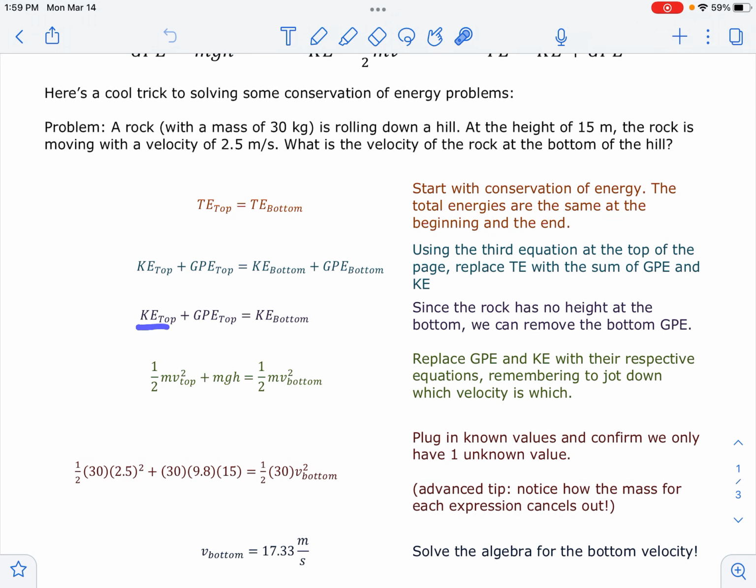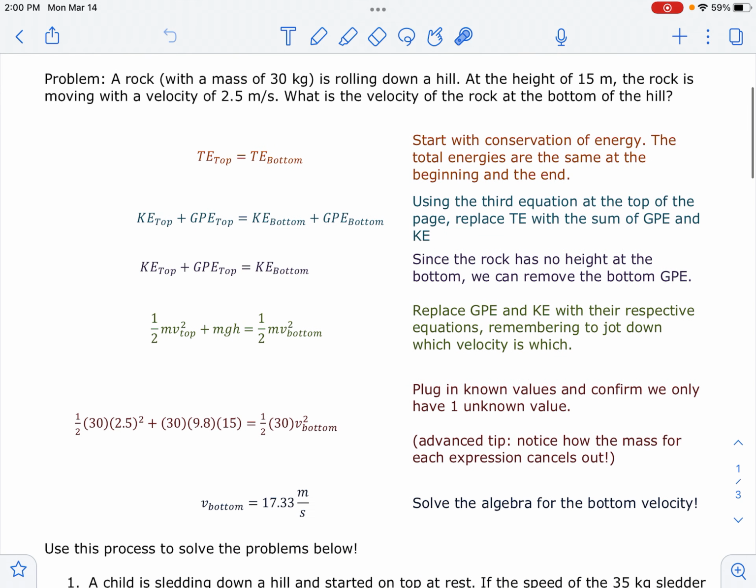So you have top kinetic energy, top potential energy is equal to the kinetic energy at the bottom plus 0. And so then you can just replace these with their equations and plug in the numbers from above. And then very quickly you get to where you're just all the way down to one number.